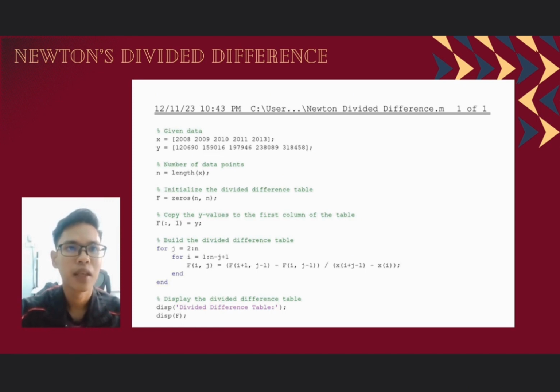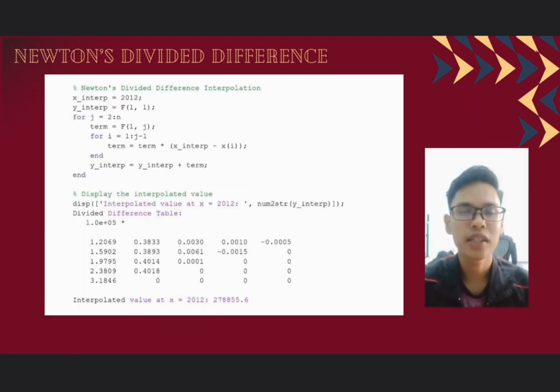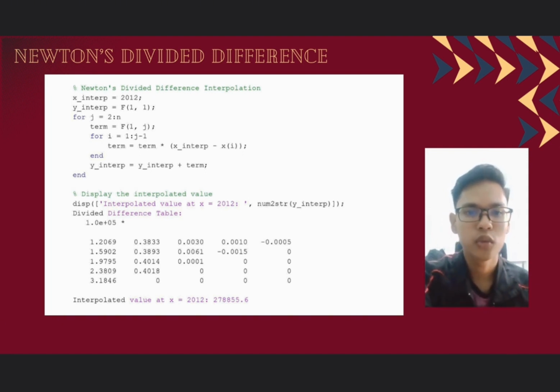Then x_interpolation 2012, y_interpolation F11. For the last, the display table for the interpolation might be like this, and then the interpolated value at X 2012 might be 278855.6, same as the manual calculation.